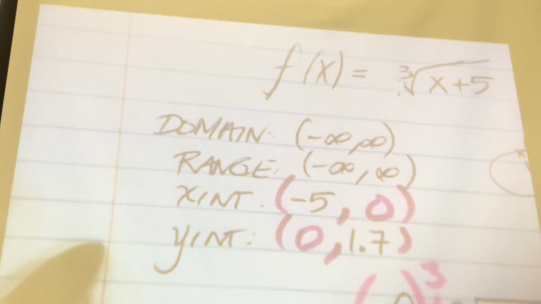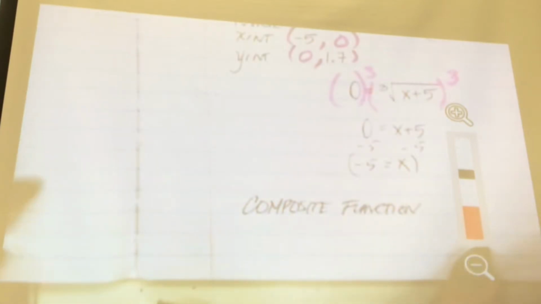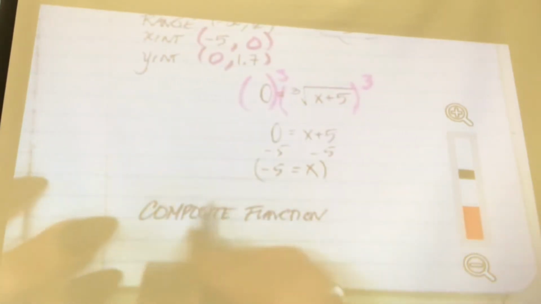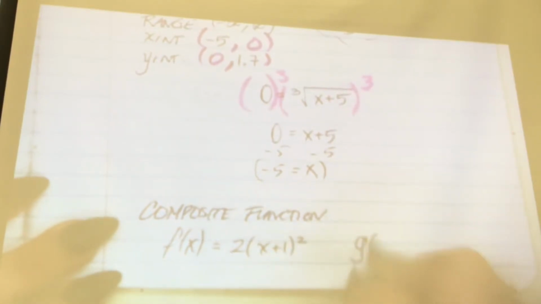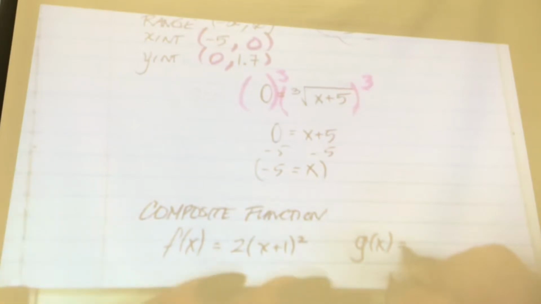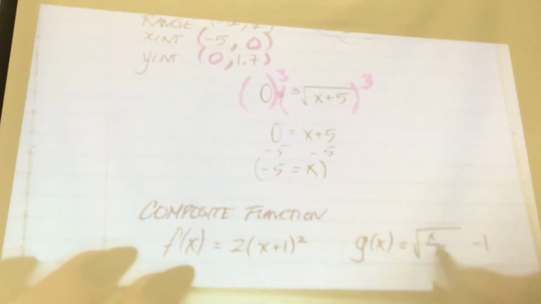All right, and then the second question on the opener will be a composite function, where I'm going to ask you to compose one function and the other. So I'll give you f of x is equal to 2 times x plus 1 squared, and g of x is the square root of x over 2 minus 1, and I want you to prove that they're inverses.